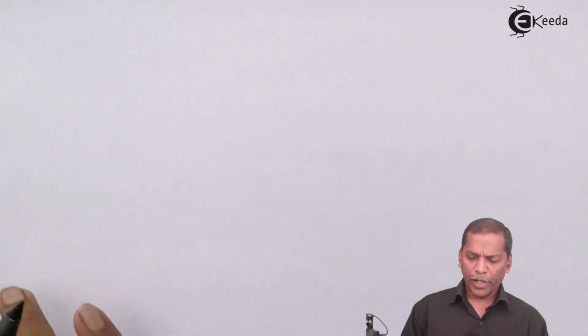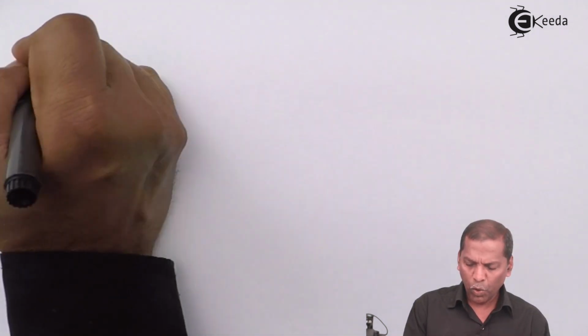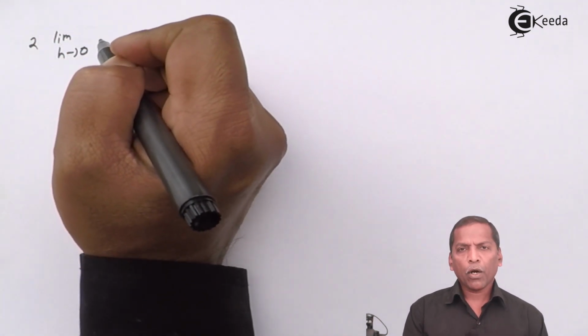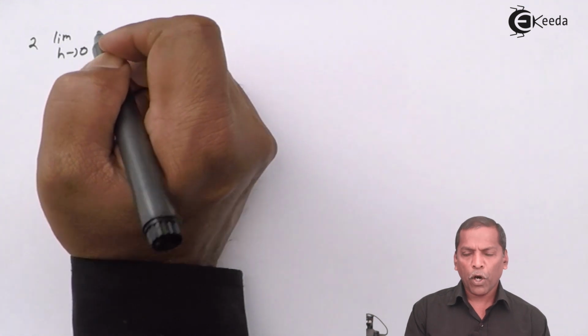So the next step will be 2 into limit h tends to 0. We take the square common from numerator and denominator.